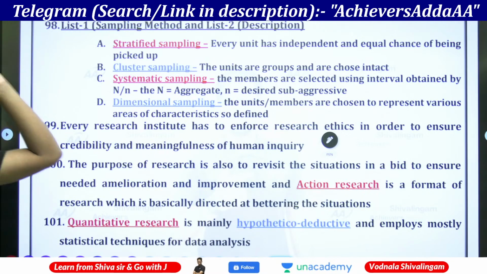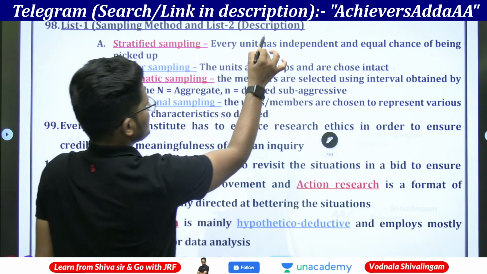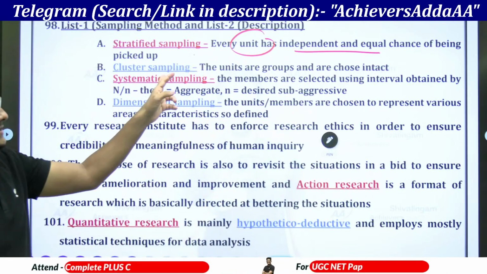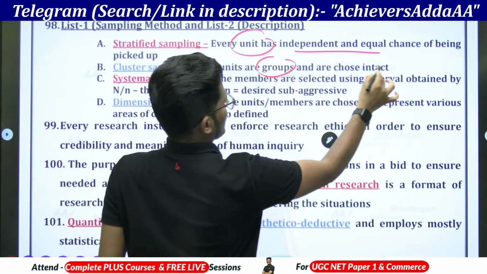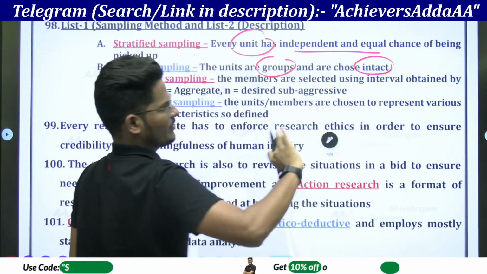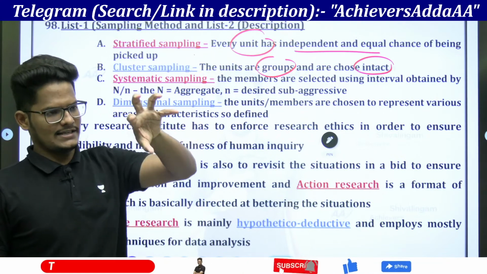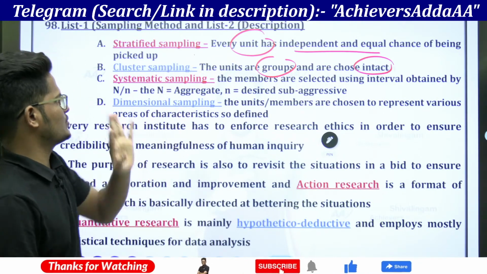Next, sampling methods and description. Stratified sampling: every unit has an independent and equal chance, because that is probability. Cluster: units and groups are intact. Intact means we will not break the groups; the groups are selected directly. The group itself will be chosen in the cluster.